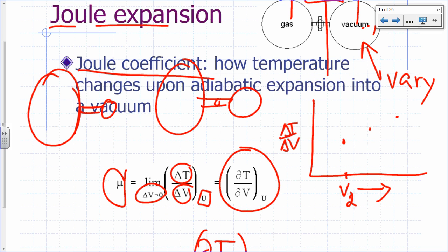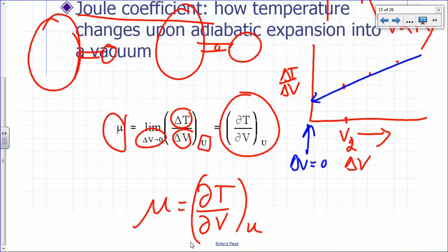This is delta V down here. Well, just extrapolate. This one right here would be delta V equals 0, if you could do that. So that would allow you to calculate the Joule coefficient.